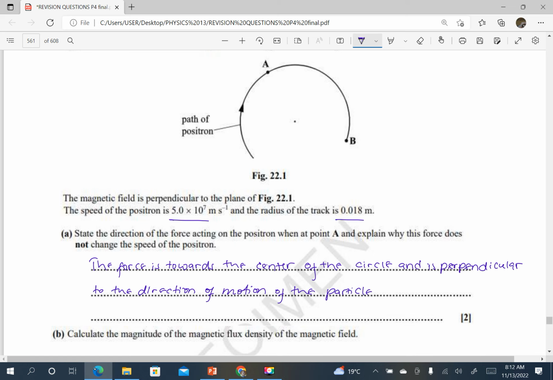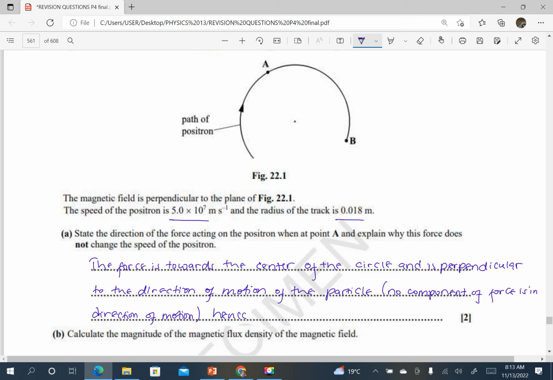In other words, no component of the force is in the direction of motion. That's what it means. So there is no work done on the particle.